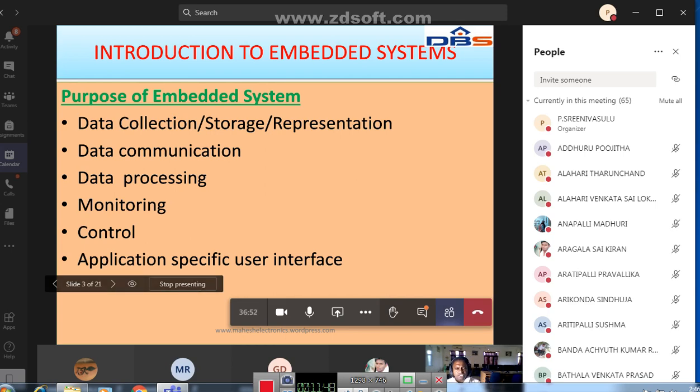Next, application specific user interface. Okay, user interface means it is an application through which you can interface with the computer software or computer or mobile phone application. Suppose you have a Flipkart icon on your mobile phone, if you open that icon, how is that Flipkart site connected internally?